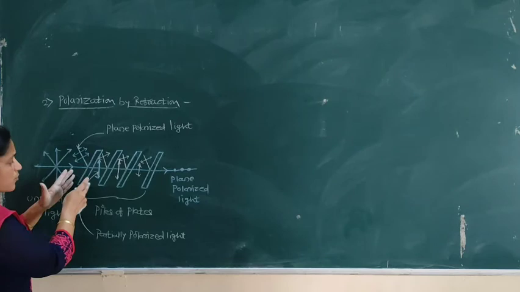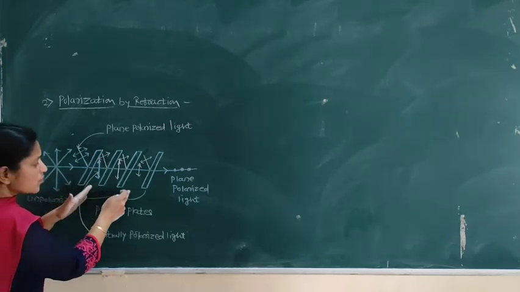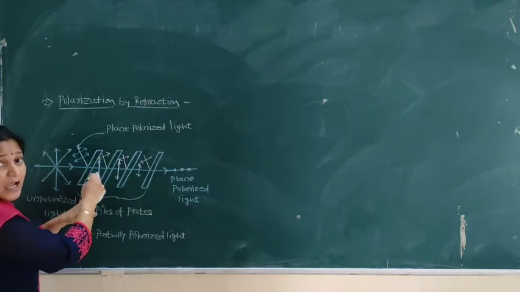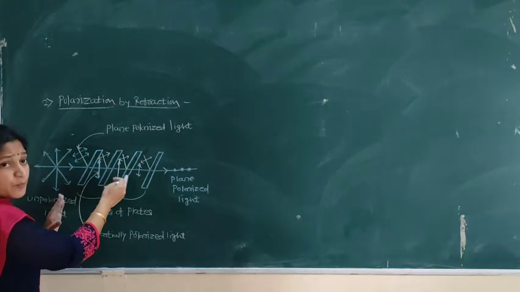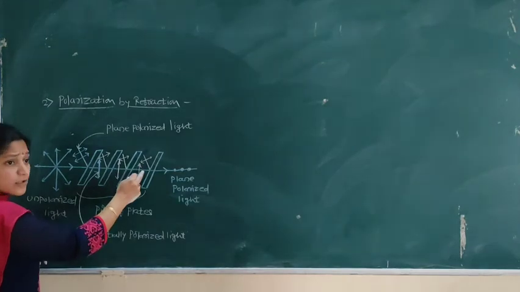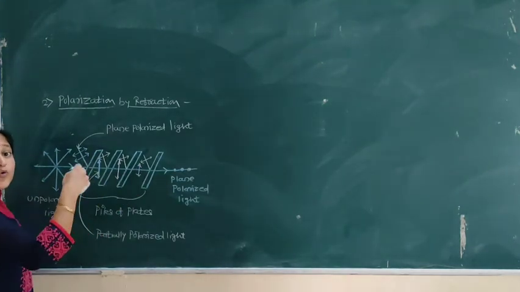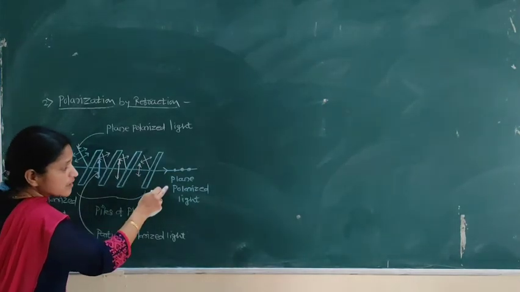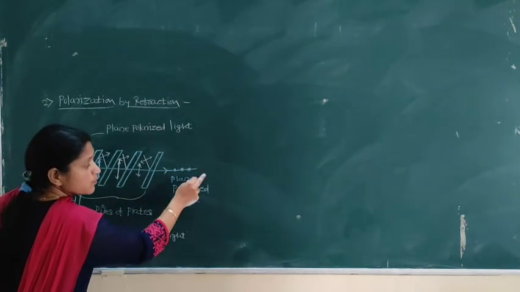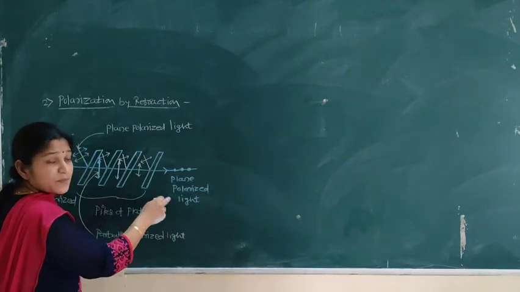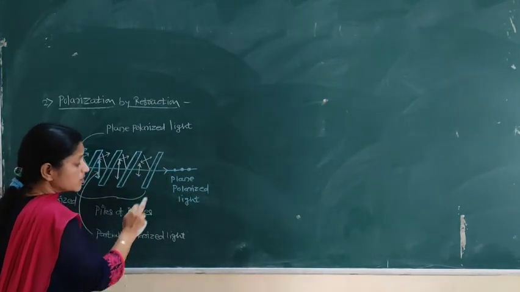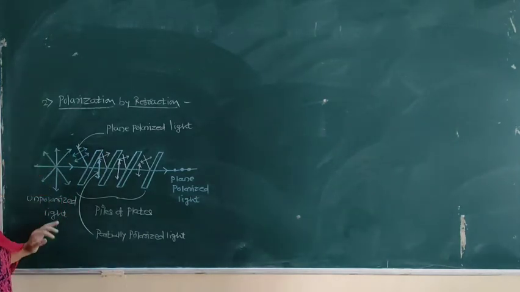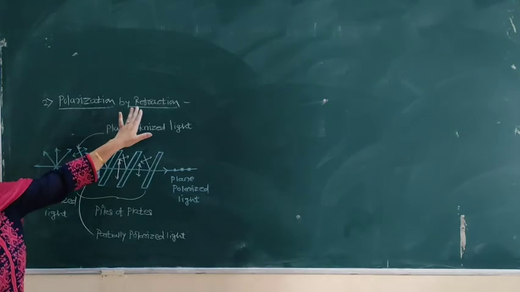Here, instead of one glass plate, if we use a number of plates, for this reason the process is repeated and hence the unpolarized component, that is the perpendicular component, decreases and the polarized component becomes prominent, which gives plane polarized light which is parallel to the direction of the pile of plates. Understood? So this is about polarization by refraction.